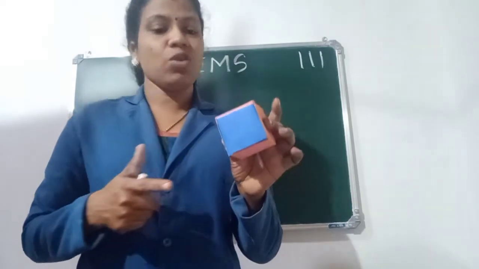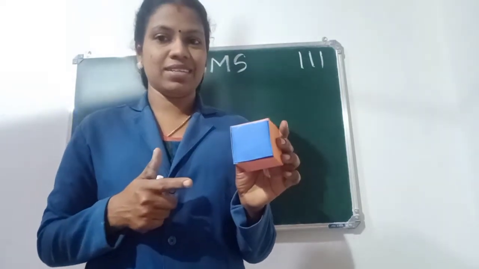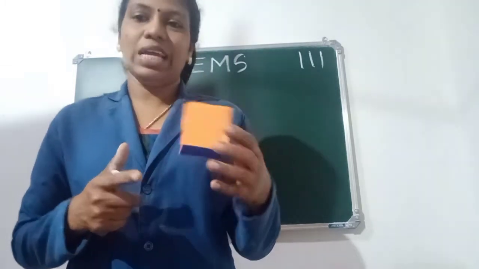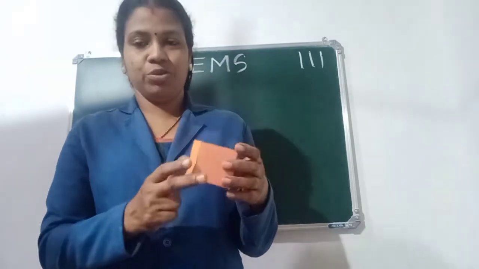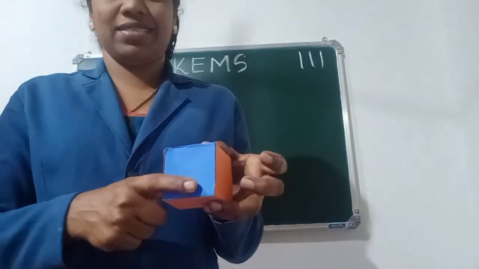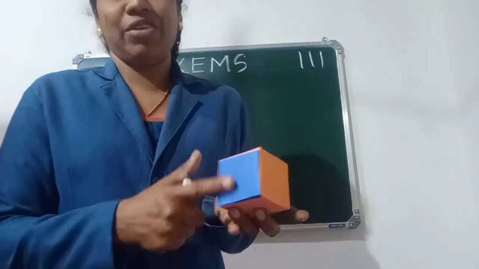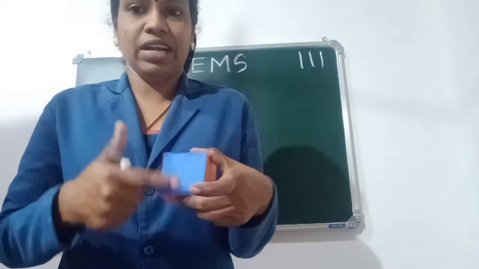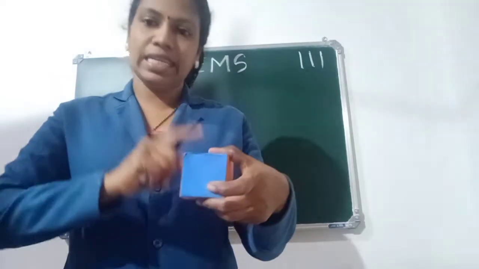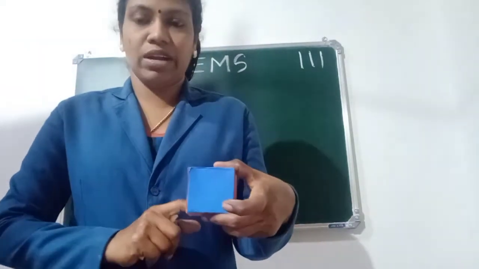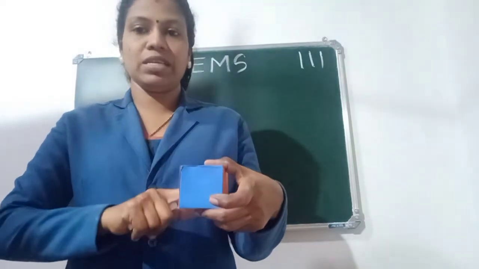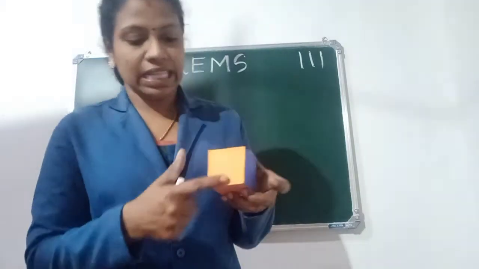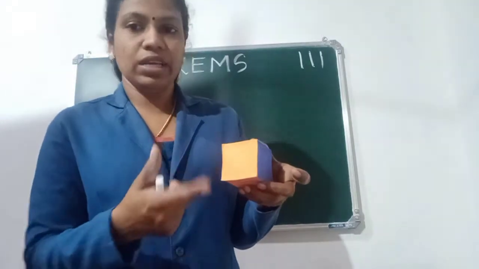So how many faces does a cube have? Let us count the faces of a cube. This is one face and here also the same face, in front one side and the same on the back side. So 1, 2. Then here, another color. I use another color for counting the faces.